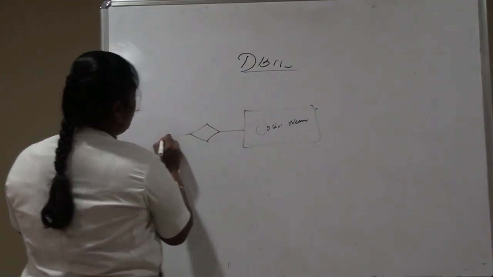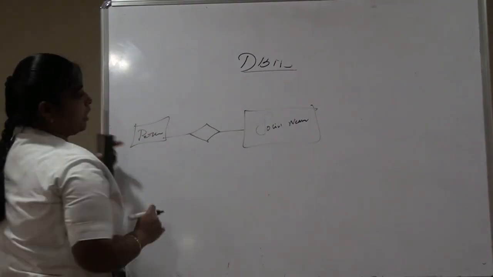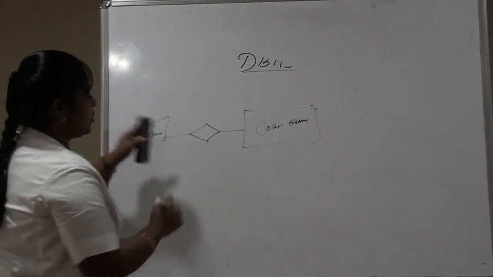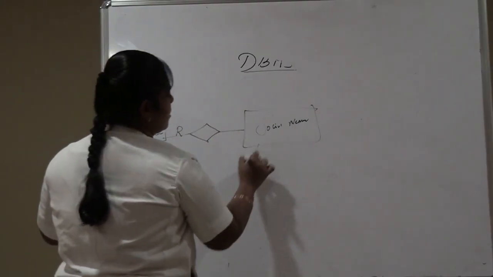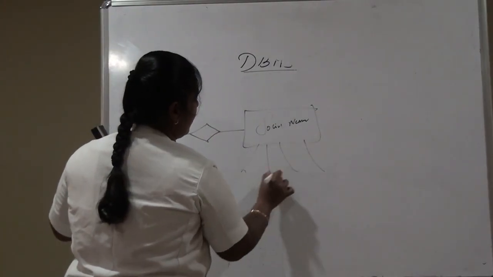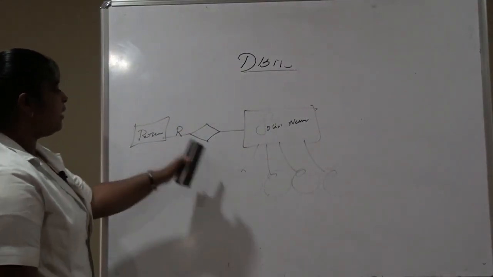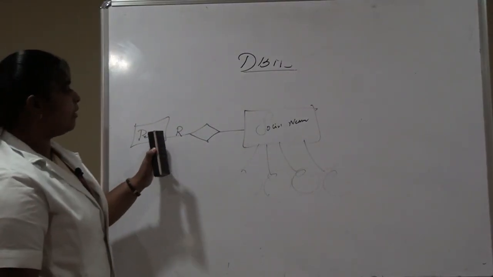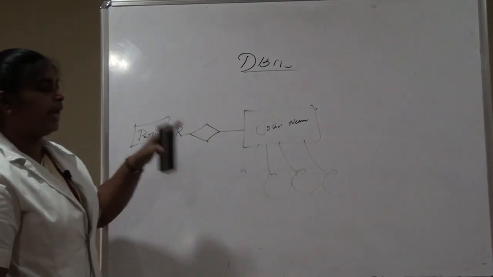You relate to another entity, which is person. The social network is related to the person. Then this consists of the attributes we already designed: WhatsApp, FB, Instagram, Hive, likewise. The person relates with the social network, and the social network is related with those attributes.